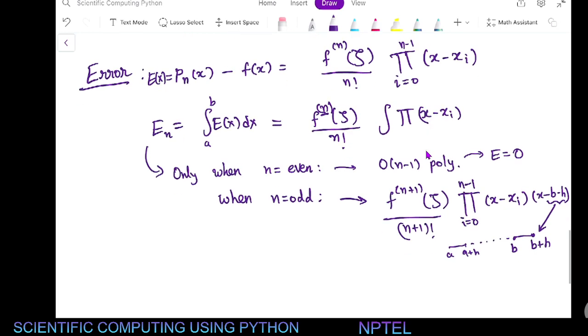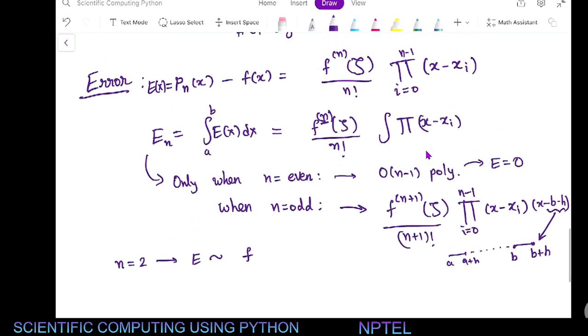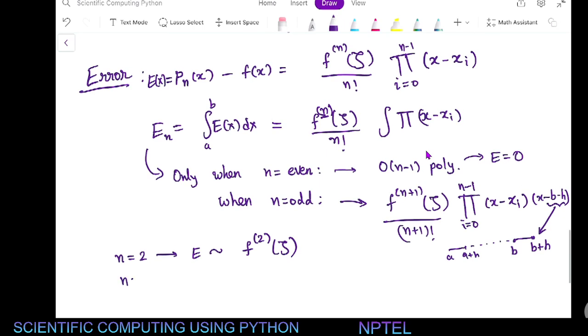Okay, so what this means is that if we have n equal to 2, then our error is going to be, when it is even, of order n, so f^(2)(zeta), right? And all those terms. When n is equal to 3, error is going to be, well, n is odd, so it should be n plus 1.